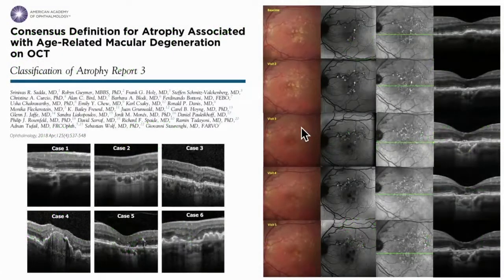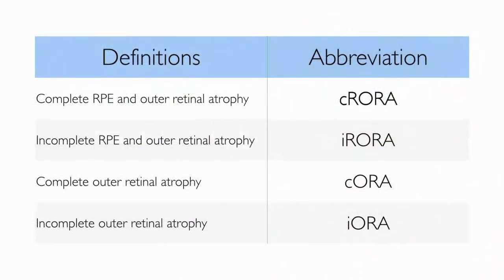Based on that, we started classifying, and we classified in 4 groups: the complete retinal pigment epithelium and outer retinal atrophy, or CRORA, the incomplete RPE and outer retinal atrophy, or iRORA, the complete outer retinal atrophy, or cORA, and incomplete outer retinal atrophy, iORA.